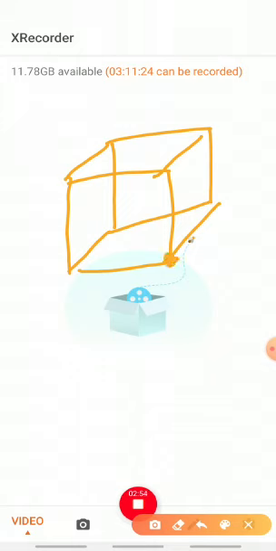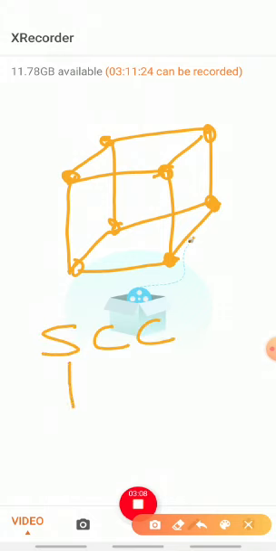If 8 constituent particles are at 8 corners, this is called SCC, simple cubic crystal. Say once more, simple cubic crystal. Here 8 atoms are at 8 corners, 8 constituent particles are at 8 corners.